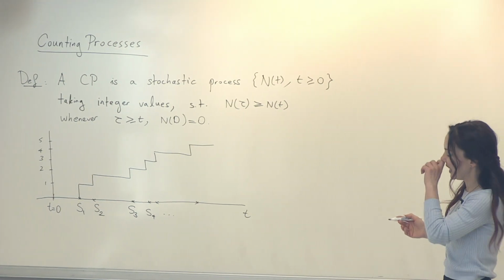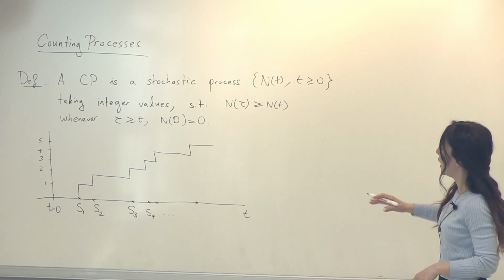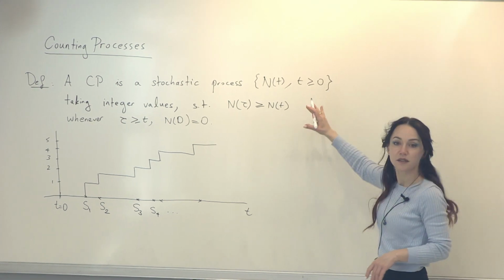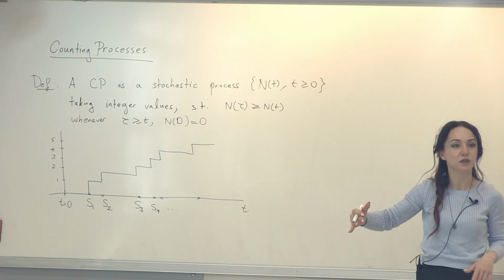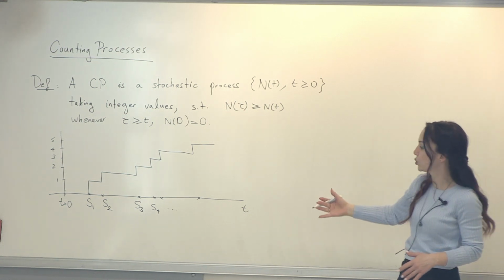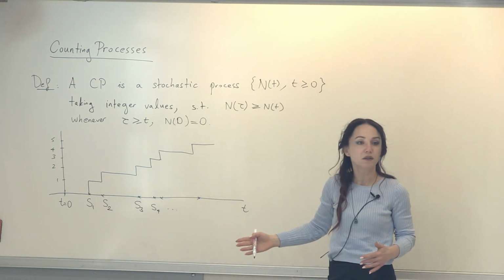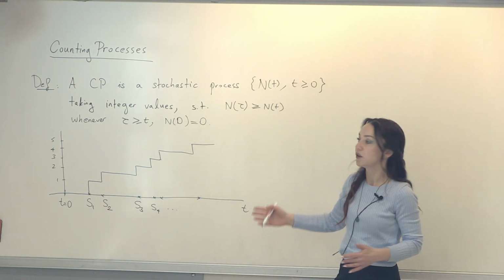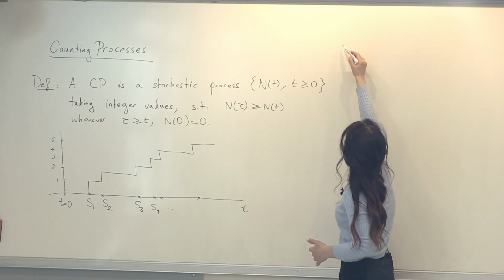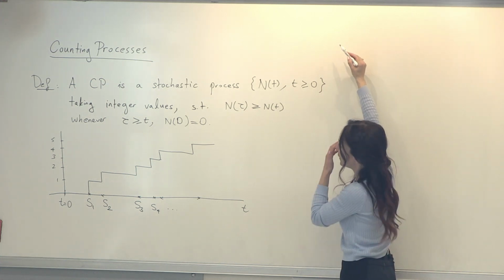Now, in addition to characterizing the stochastic process with the count of arrivals by time t, I could also characterize it by the sequence of the arrival instants, right?